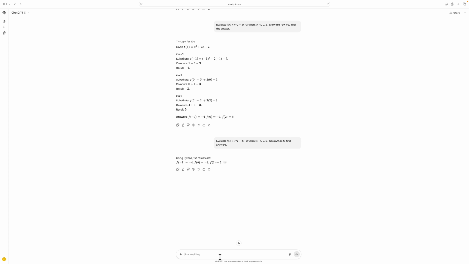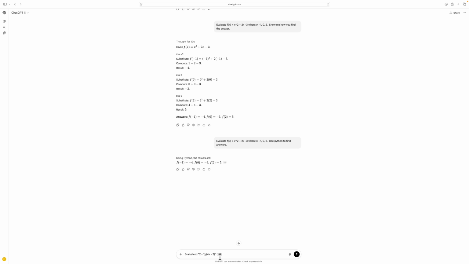Last one. Evaluate, right, parentheses, x squared minus 1, close parentheses, divide, and then you can put parentheses, 4x, right, minus 2, right, 2. I like to put the space. And then close parentheses, caret, parentheses 1/2.